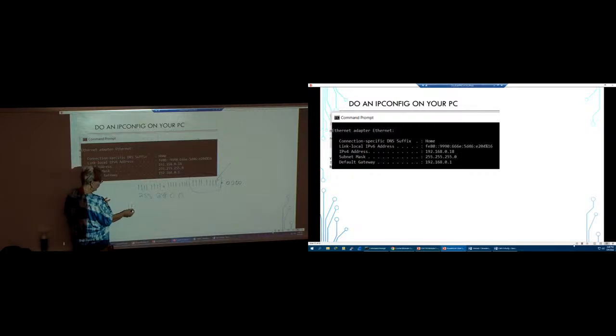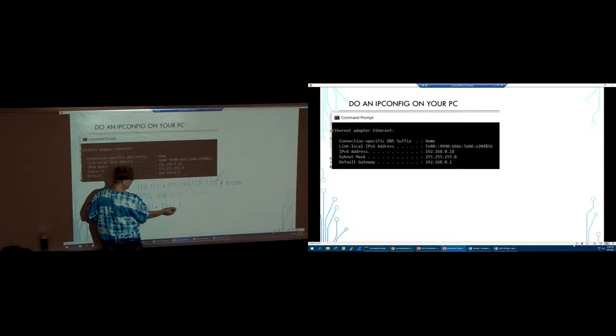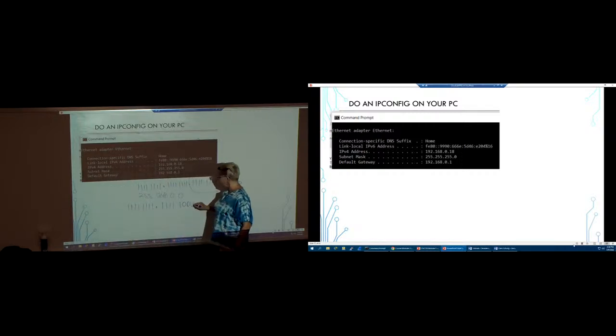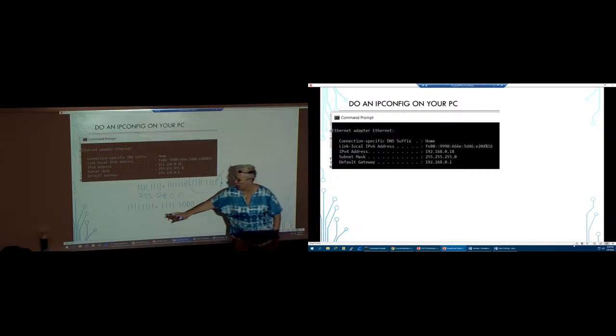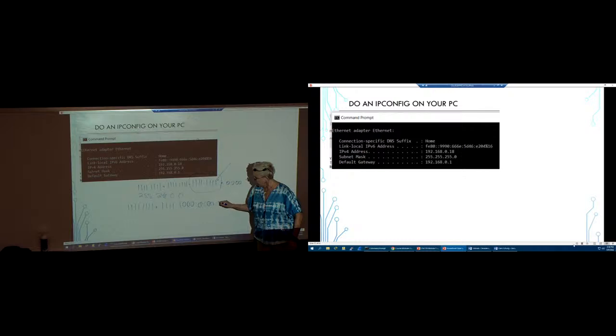All 1s. How do I write 248? Right, so the 248, 0, 0. So there's my first octet, second octet, and then the third octet, because in subnet masks, we know that as soon as we turn to a 0, they're all what? They're all zeros, right?